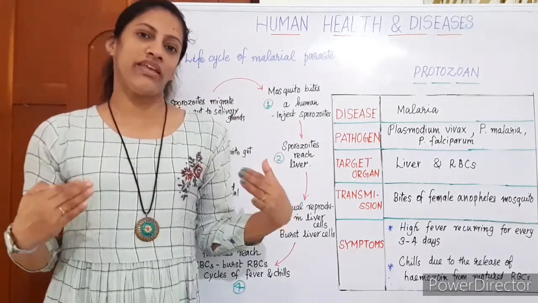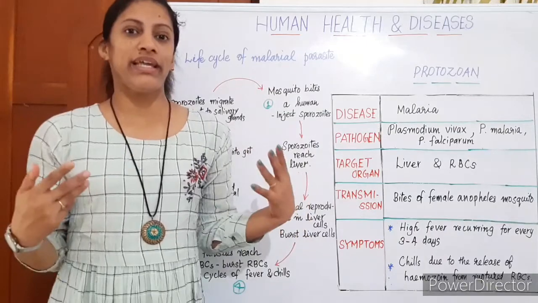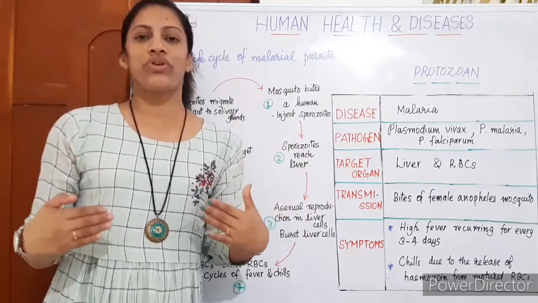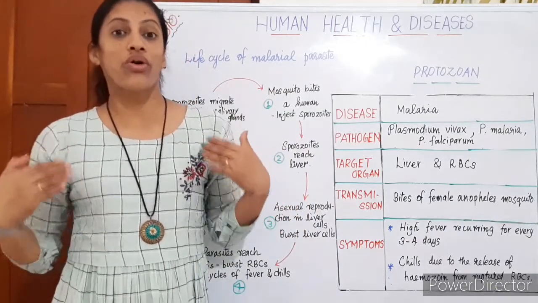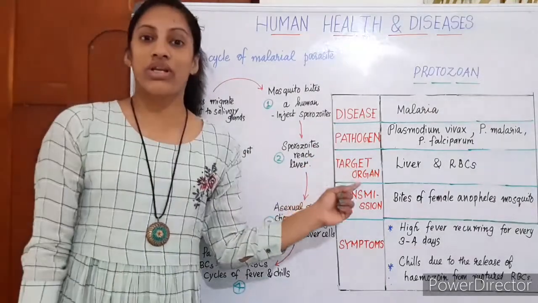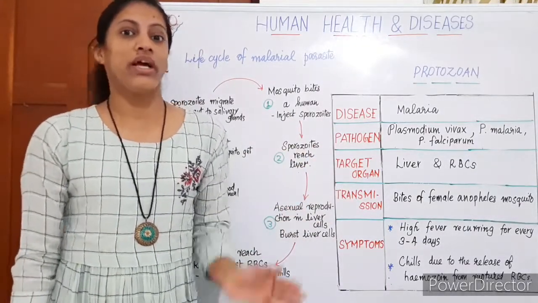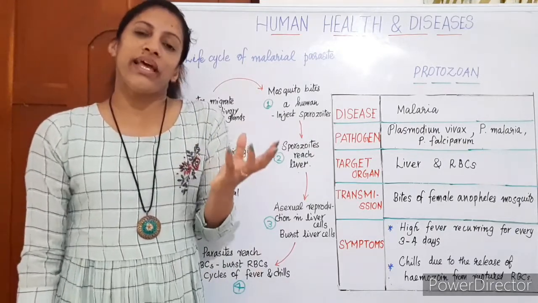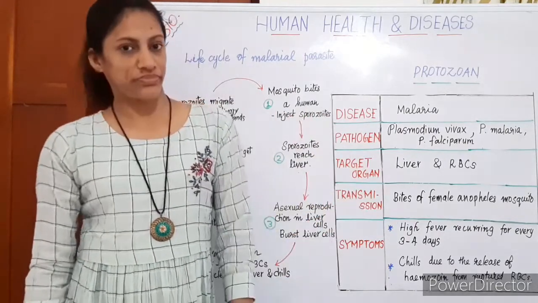Then tell me, the Plasmodium parasite affects which organ of our body? Understand the target organs, I mean where the malarial parasites attack.